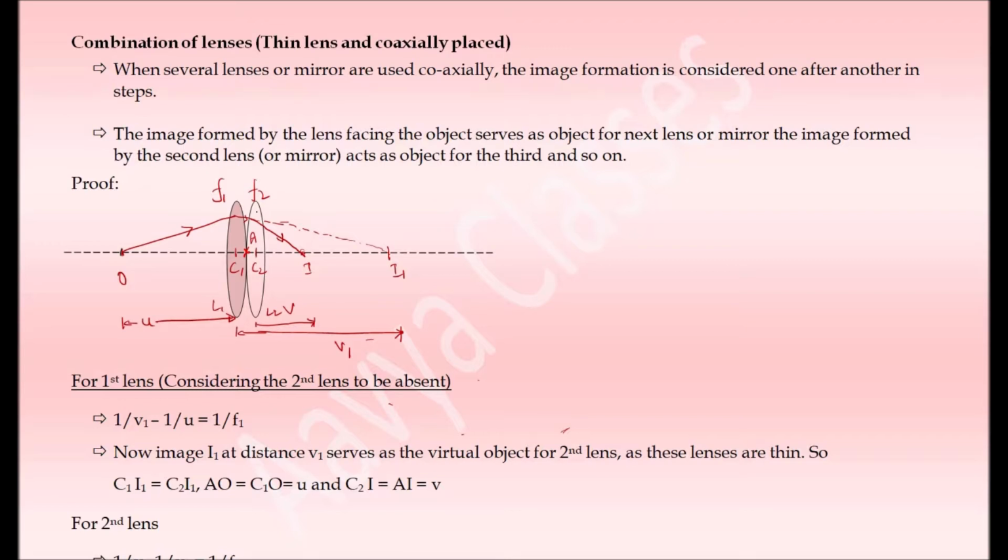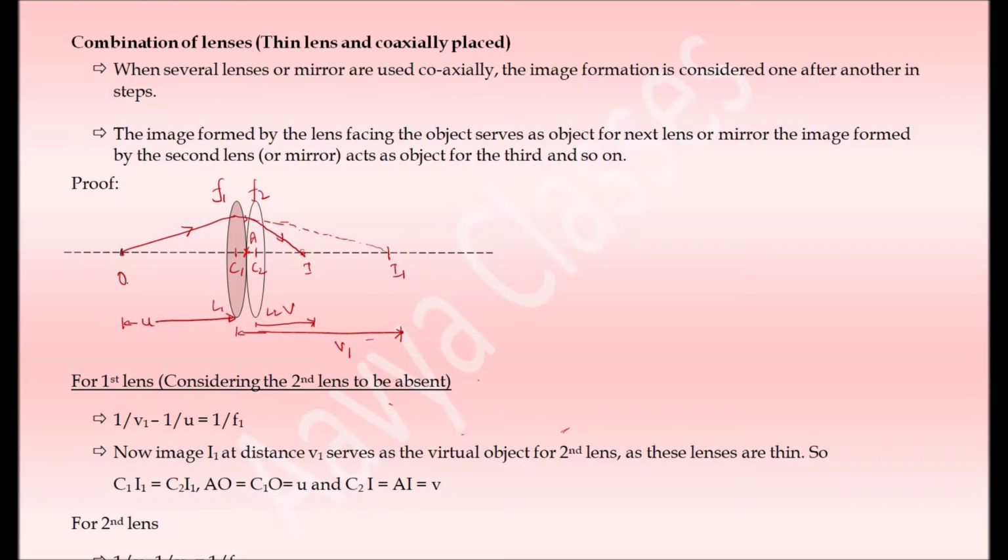If the second lens was not there, the image would have been formed at the point I1. So this I1 will serve as a virtual object for the second lens, and the second lens in turn refracts these rays to converge at the point I have denoted by I.